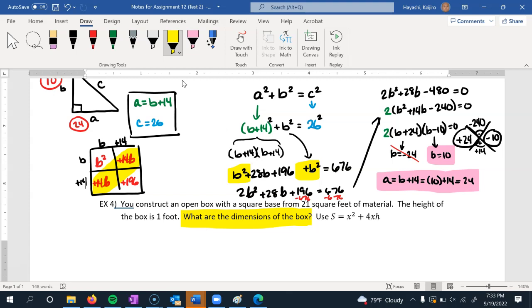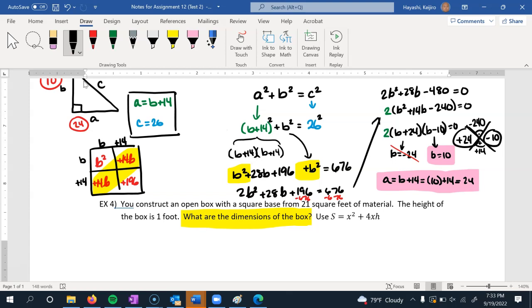So, based on this formula that it's telling me to use, and based on the sort of box that it's describing, which I'm going to draw here, you construct an open box with a square base.